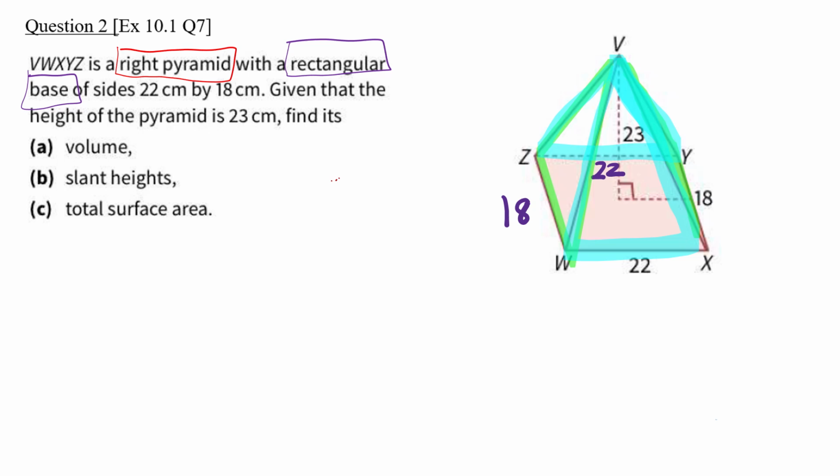And for the other one, the one highlighted in blue, the two triangles are similar to each other. That's the reason in part B, you are asked to find slant heights, because there will be two different slant heights.